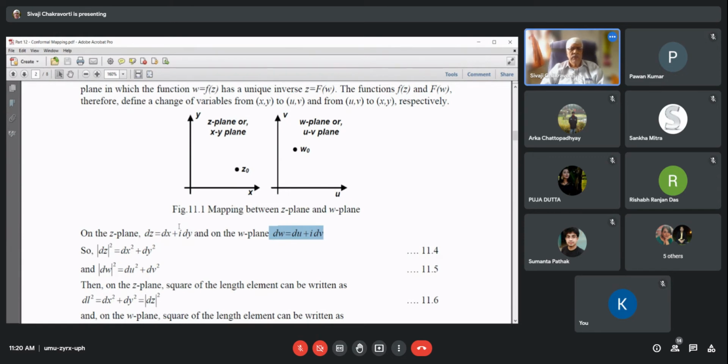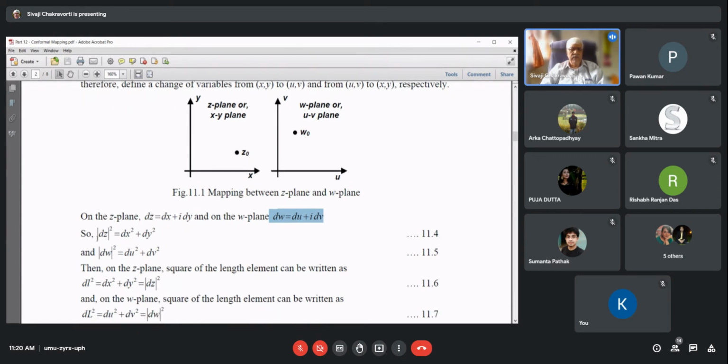So therefore, from these two expressions, I can find that modulus of dz squared is nothing but dx² plus dy². Similarly, modulus of dw squared is du² plus dv². And dx, dy, du, dv are all incremental changes in the xy plane or on the uv plane. So therefore, on the z plane, the square of the length element, right?